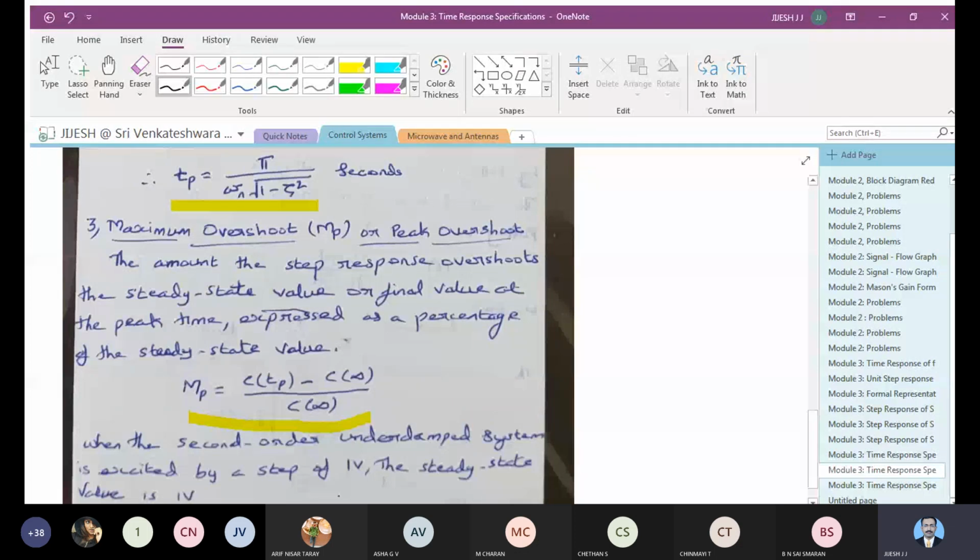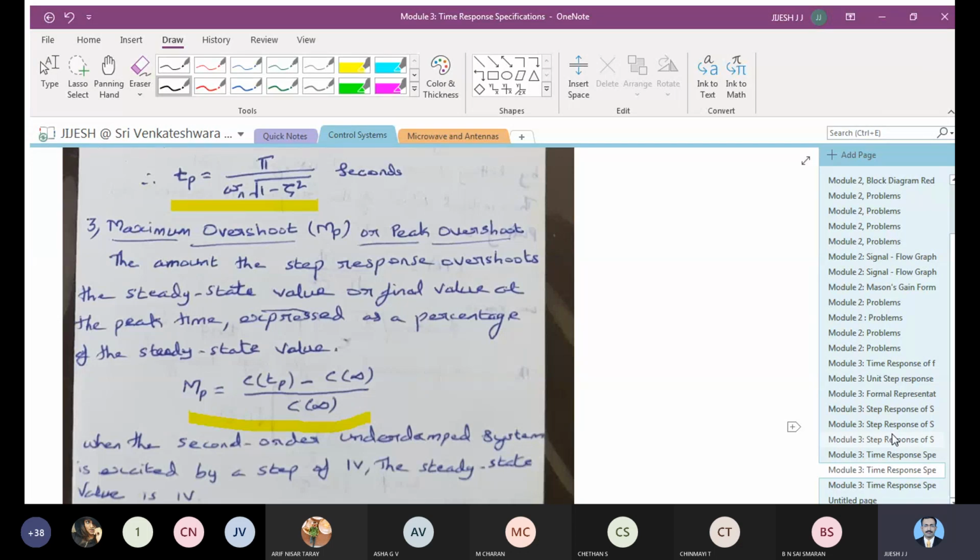So all these things come under the time response specification of a second order system. You should remember the equation for C of t, the equation for phi, the block diagram for a second order system, and what we mean by the characteristic equation for a second order system. I have been explaining all these in the previous 2 classes. We have discussed the transfer function of a second order system, the characteristic equation, as well as C of t of a second order system.